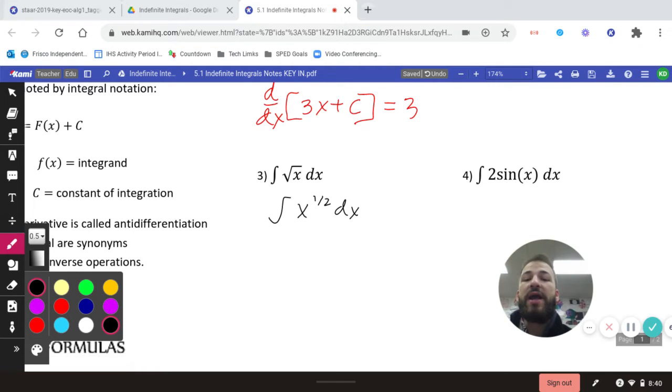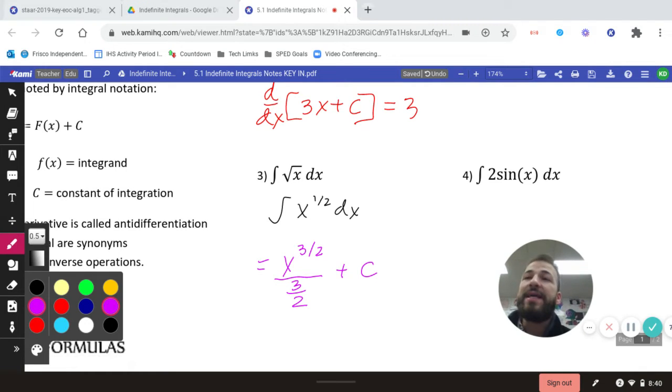Now, when I go backwards with my power rule, I add 1 instead of subtracting 1, so this becomes x to the 3/2, and then I divide by the new power, so divide by 3/2, and then plus c.